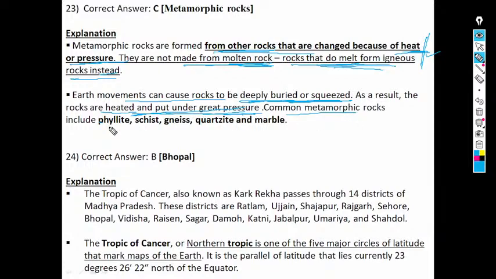Common metamorphic rocks include phyllite, schist, gneiss, quartzite and marble.